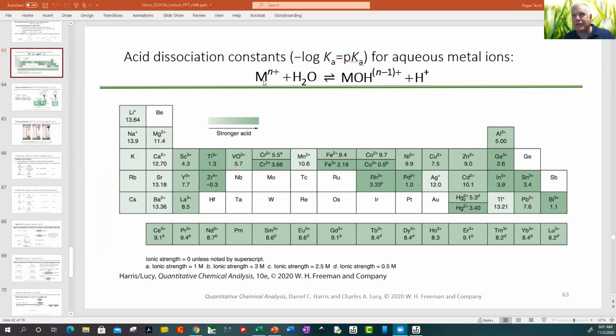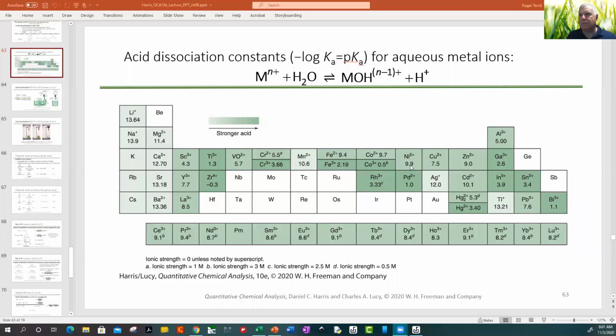So this process is M plus water makes MOH plus H plus, so it's making free H plus. And if the pKa is less than 7, that means it's acidic.